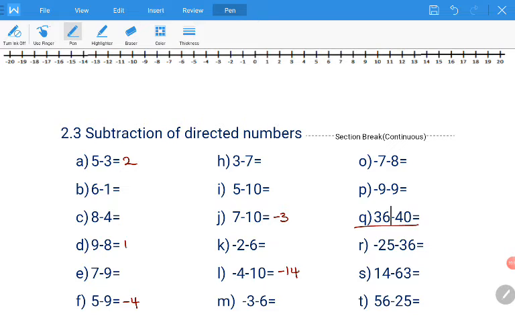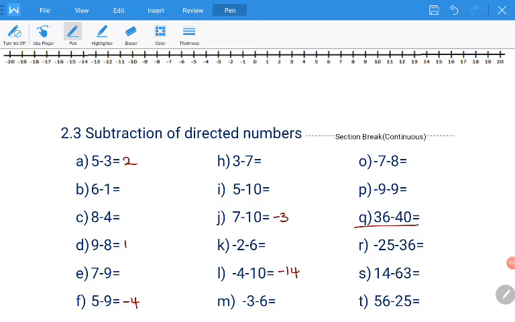This one is a bit difficult to solve using the number line, but we have noticed that if a bigger number is being subtracted from a smaller number, we will get a negative number, and the negative number that we are getting is the absolute difference between the two numbers.